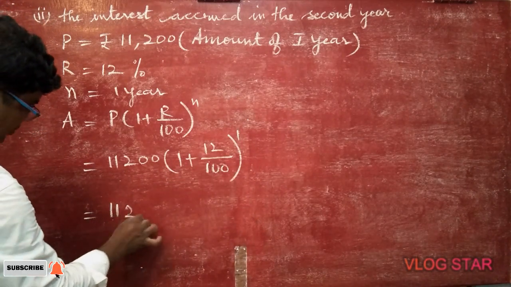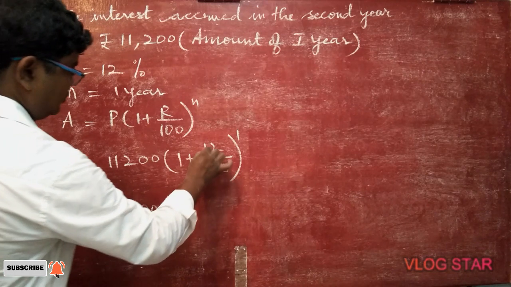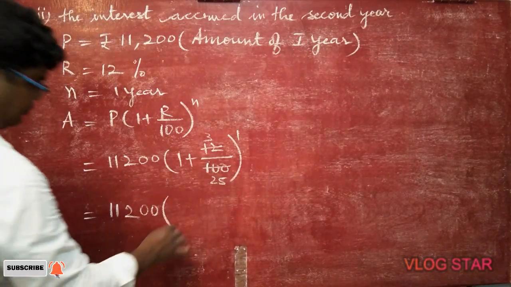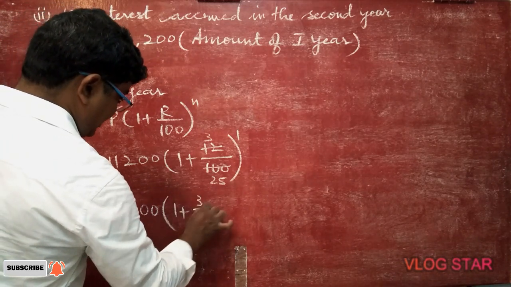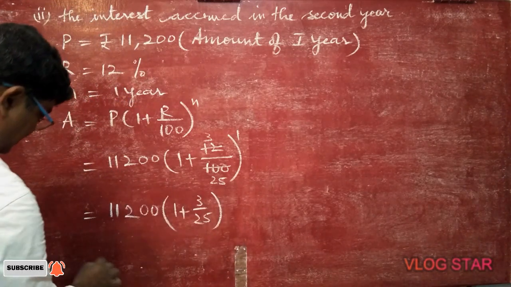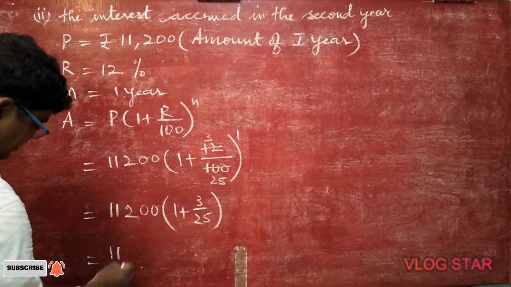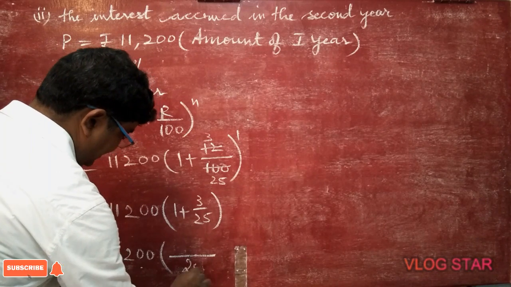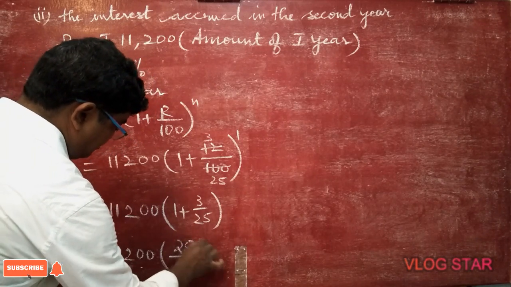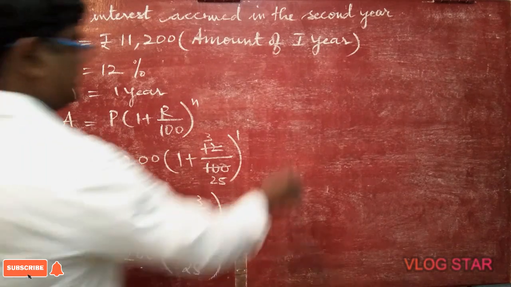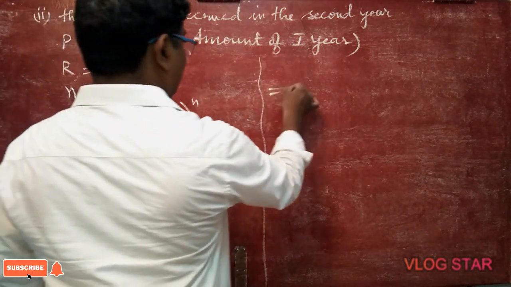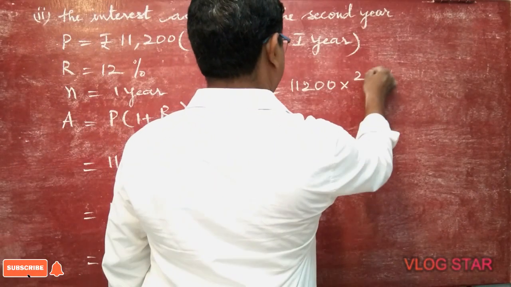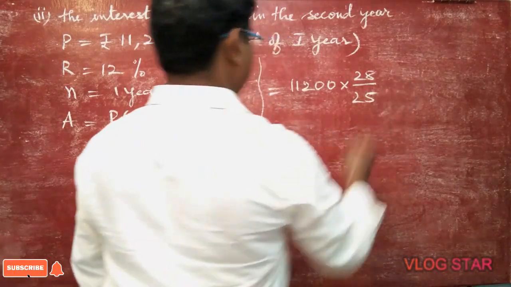That is equal to 11,200 into 1 plus 3 by 25, since 4 3s are 12, 4 25s are 100. 25 is the LCM. 25 plus 3, that is equal to 11,200 into 28 by 25.